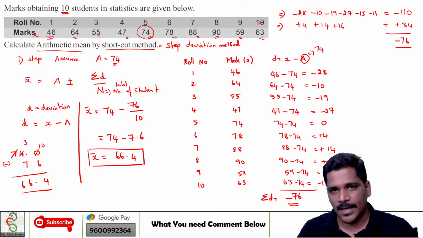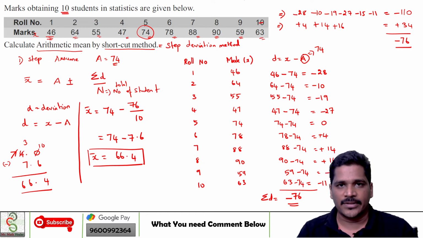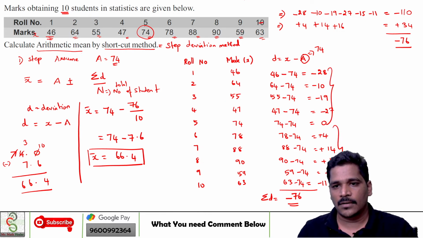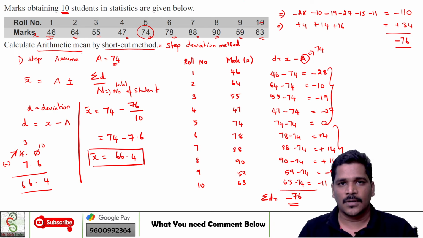Now you got the answer and you just need to try the same thing. The only thing is that you need to be very careful with these values. If you make any mistake, it will end up in the wrong answer.